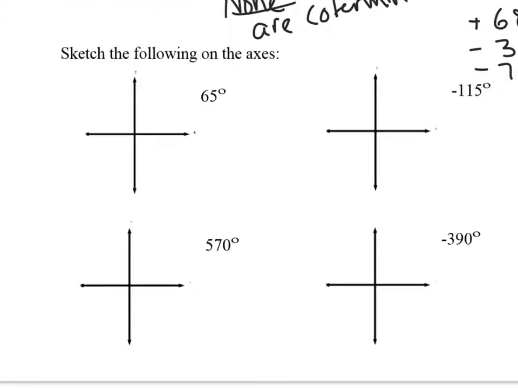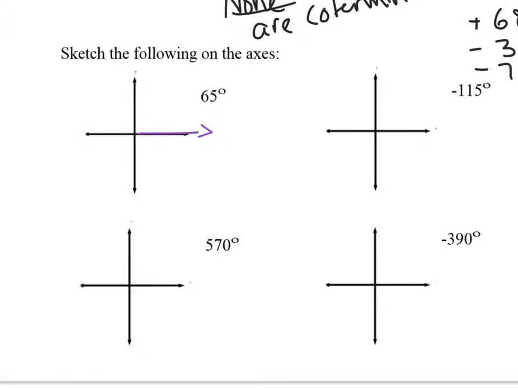So sketch the following on the axis. The way I do this, it doesn't have to be perfect, but you have to draw the terminating side. So we all understand that the positive x-axis is the initial side. The terminating side, you just have to get in the right quadrant and basically pretty close.